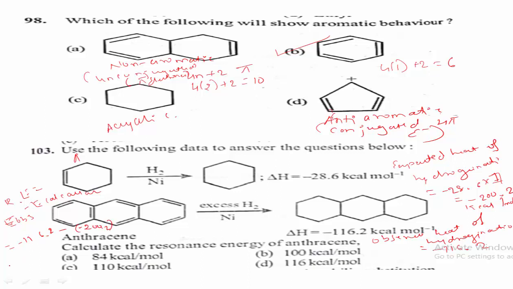If you simplify this, you get the answer 84 kilocalorie per mole. Okay, which one is the correct answer for this question, students? Option A is the right answer. Remember the formula of resonance energy, it is E observed minus E calculated.